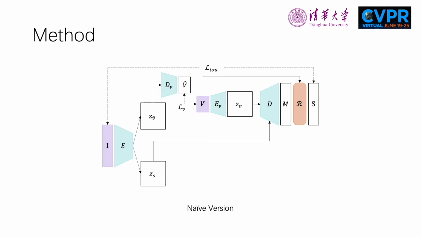We encode the input sketch to a view-related feature Z_V hat and a shape-related feature Z_S. We get the view-related feature Z_V from the ground truth viewpoint V and try to combine it with Z_S to get a predicted model. There, we made the viewpoint V an input to the network, which you can replace with any other viewpoint rather than the ground truth one.